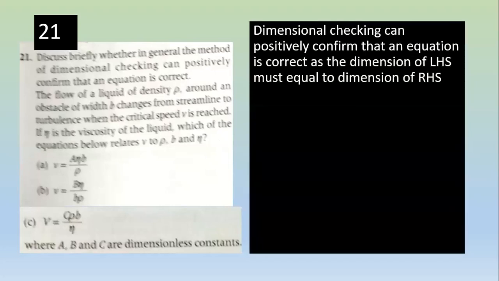Okay, dimensional checking can possibly confirm that the equation is correct, as the dimension on the left hand side equals the dimension on the right hand side. Of course, you have to qualify it lah.